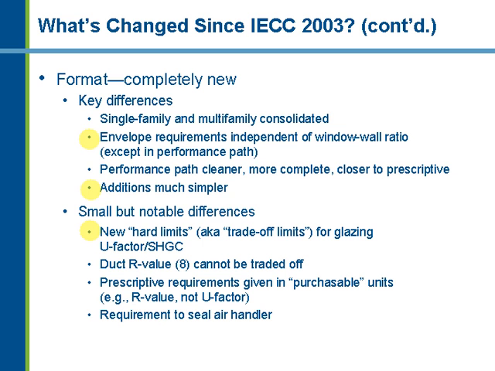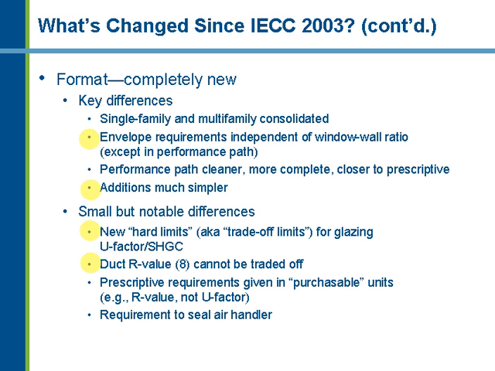So you can back off on the code's baseline solar heat gain requirement, for example, but you can only go so far. Those trade-off limits did not exist in the older code. Duct R value cannot be traded off at all. That's a nuance in the new code that's worth noting.